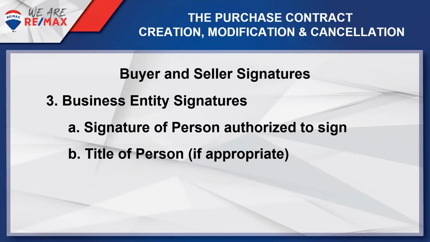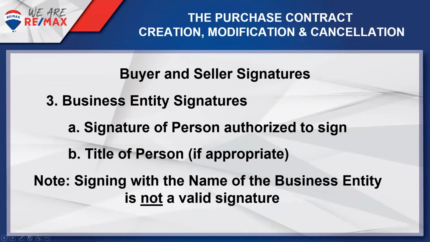If Qualcomm owned some property and they decided they wanted to sell one of them and they had an offer, if they accepted the offer, they're not going to sign their acceptance Qualcomm. Why? Because Qualcomm's not a human being. A person who's authorized to bind Qualcomm to the sale of that property would be the person who signs their name to the document, and then they would put their title.